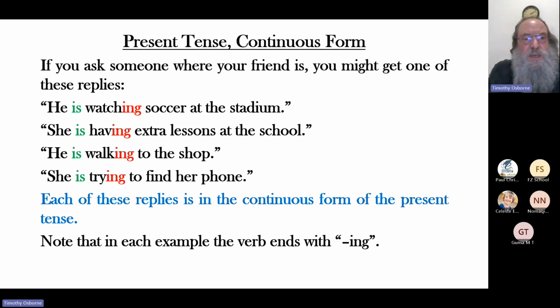In each case, the auxiliary verb is, and the suffix is in, or ing. And there we are, watching soccer at the stadium, having extra lessons at the school, walking to the shop, trying to find her phone.